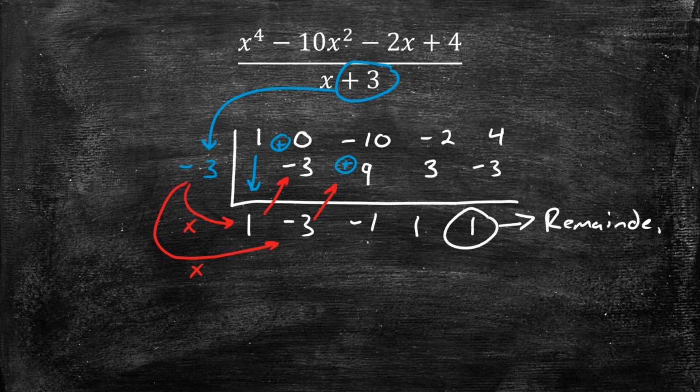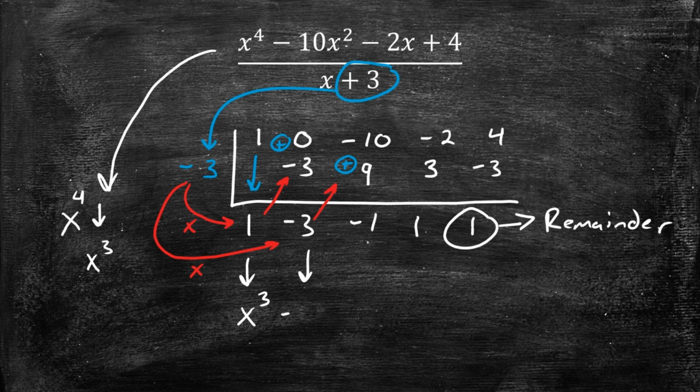So when we want to write our final answer, first we find out, okay, we started with x to the 4th. We're going to drop it down 1, so it's x to the 3rd. That means my coefficients are going to start with x to the 3rd. So this right here is x to the third. This one right here is minus 3x squared, and you go in descending order. This right here is minus x. This right here is plus 1.